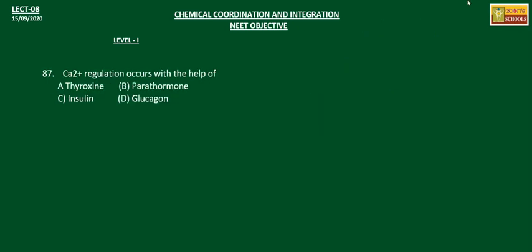The next question: calcium regulation occurs with the help of. The options are thyroxine, parathormone, insulin, and glucagon. First, thyroxine is a hormone from the thyroid gland, and it plays an important role in regulation of basal metabolic rate, that is BMR.